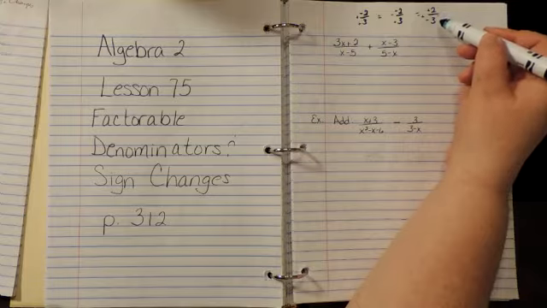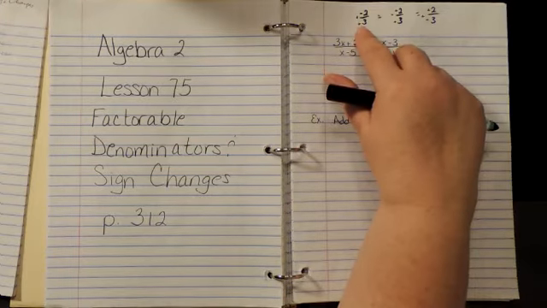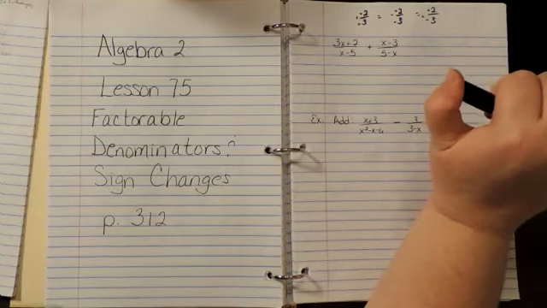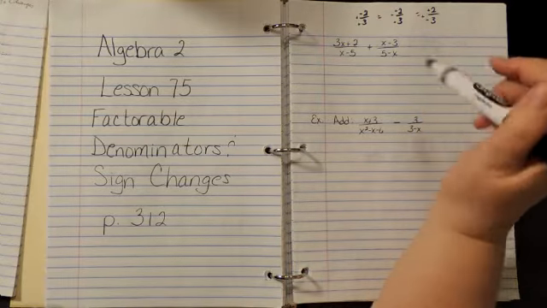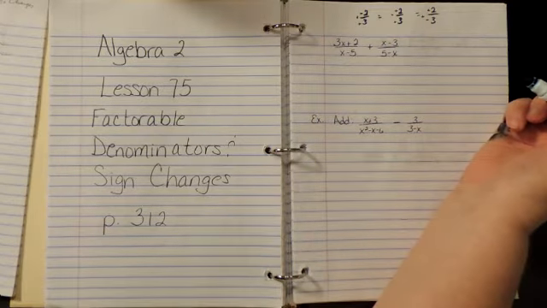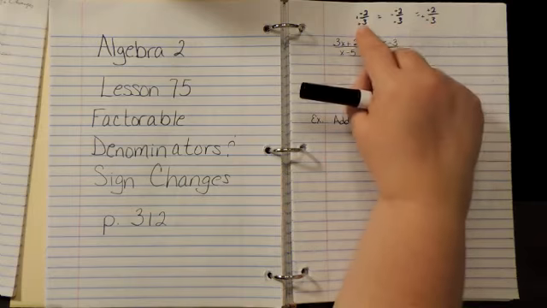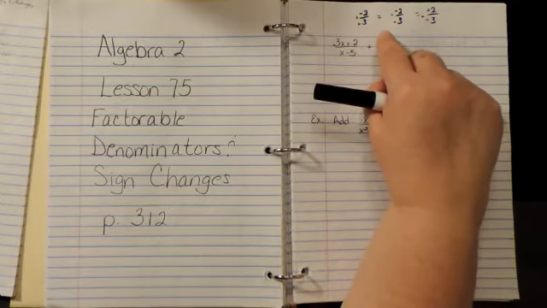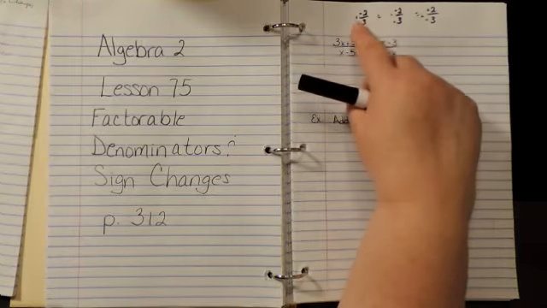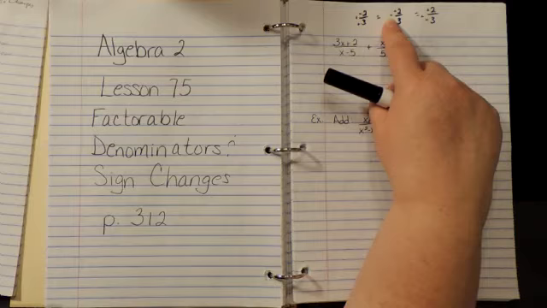If we change one of the signs, we have to change one more. In order to hold equal value, 2 of the signs have to be the same. Okay? So in this case, if we change this 2 to positive, we also change the front to negative.